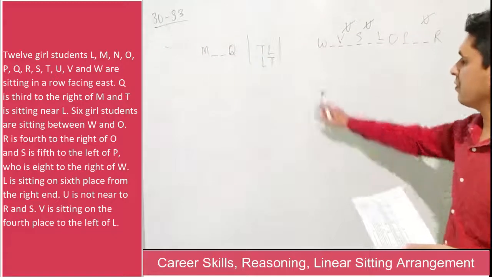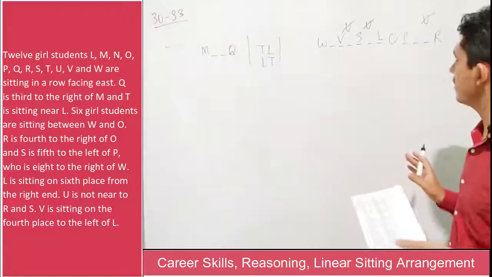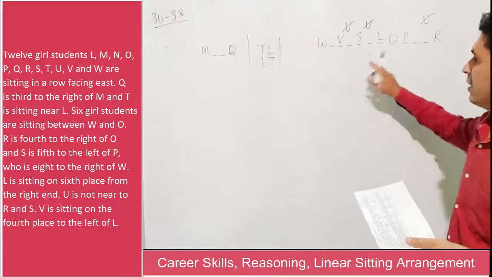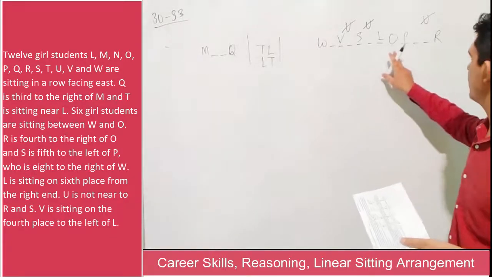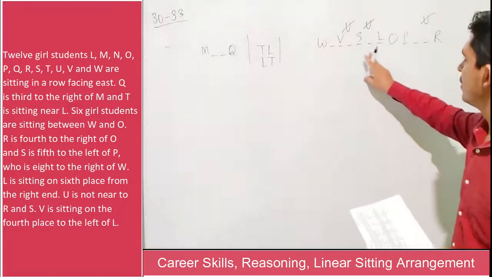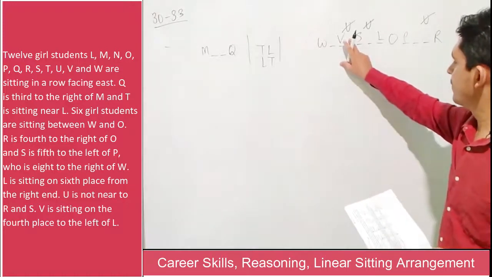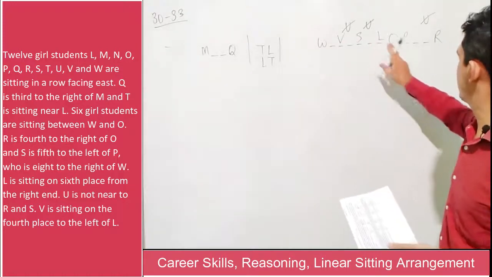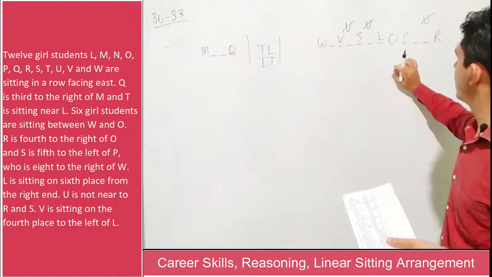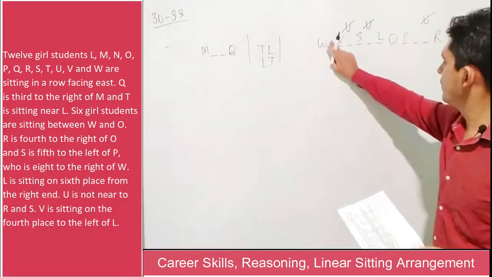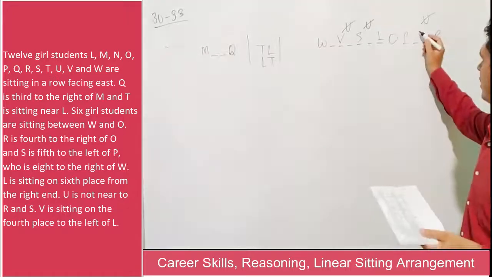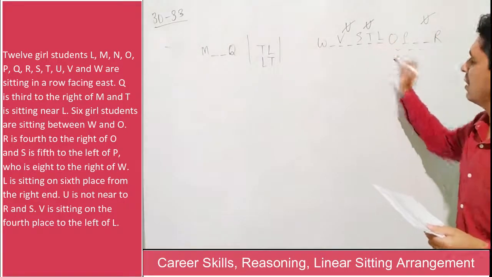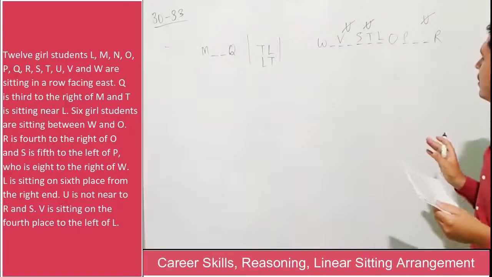Thereafter what all is left? We have T and L must be here, right? And M, the gap of 2, thereafter Q. So that means we should have M, the gap of 2, thereafter Q. This cannot be here. If you place T and L, they should be here.